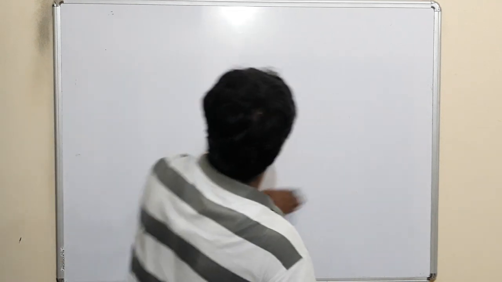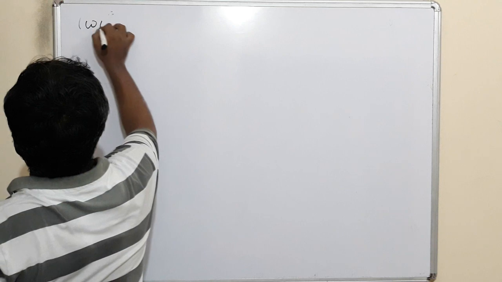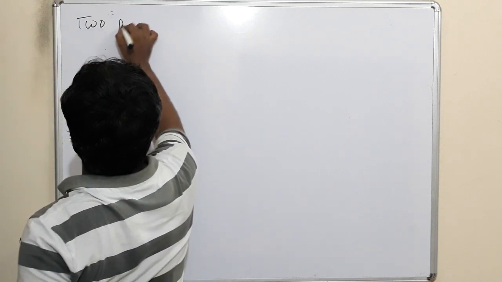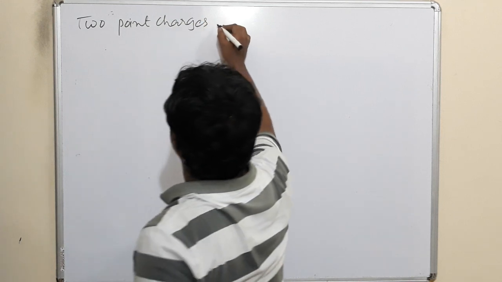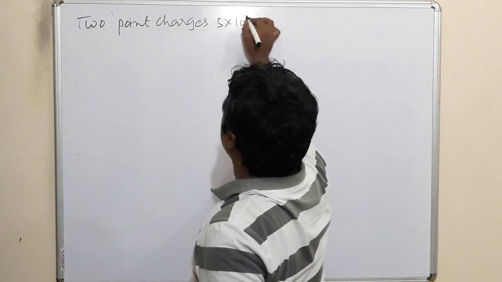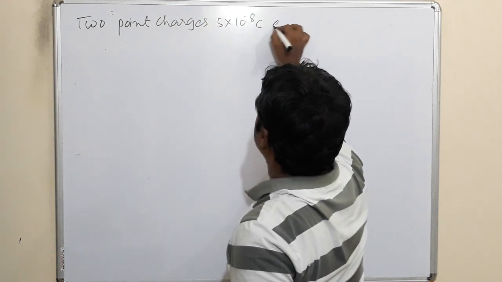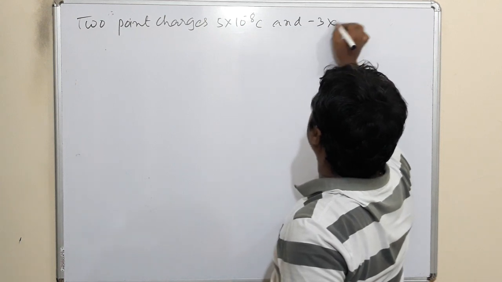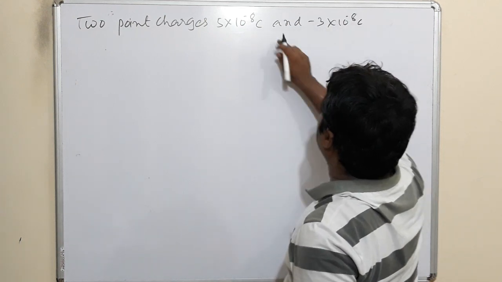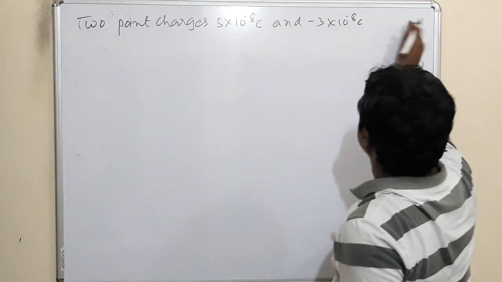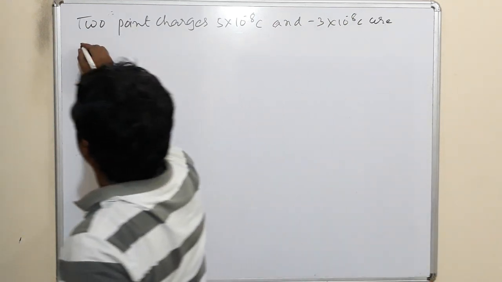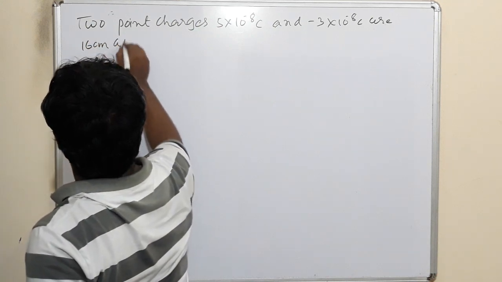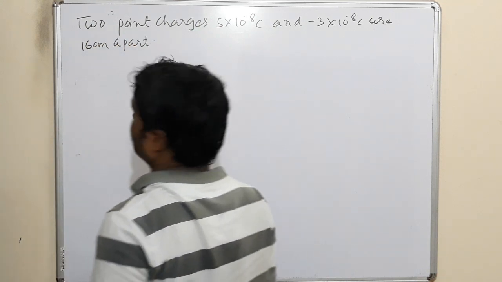Let us consider this problem. Two point charges, 5 into 10 raised to minus 8 coulombs and minus 3 into 10 raised to minus 8 coulombs, are 16 centimeter apart.